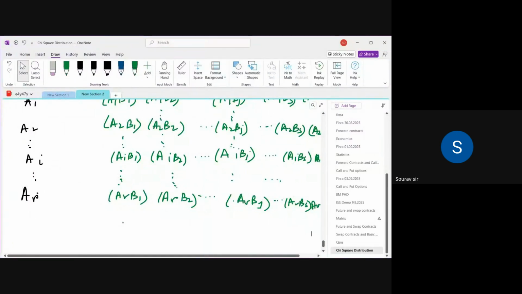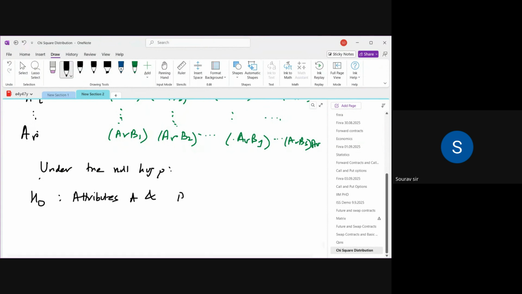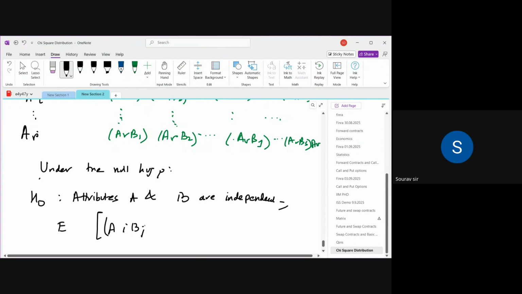So now this is a table. Under the null hypothesis H naught, attributes A and B are independent. So the expectation of AiBj is equal to AiBj by n.